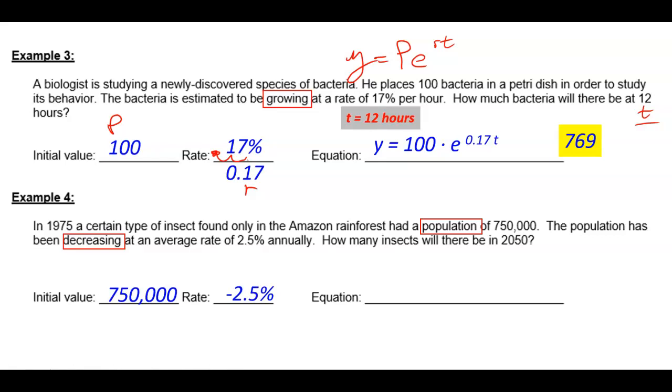If I convert it and I move it 2 to the left, what do I get? Yes, it still remains negative. Negative 0.025. When you move the decimal 2 to the left, if you have an empty space, you got to put a 0 there. Negative 0.025.